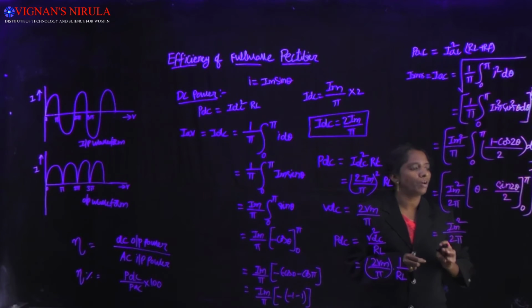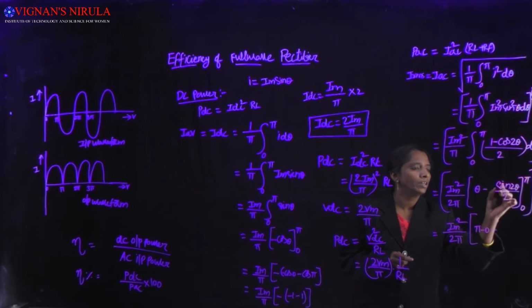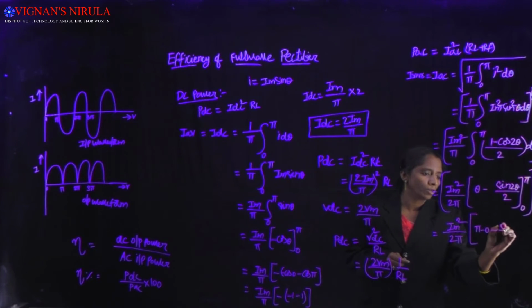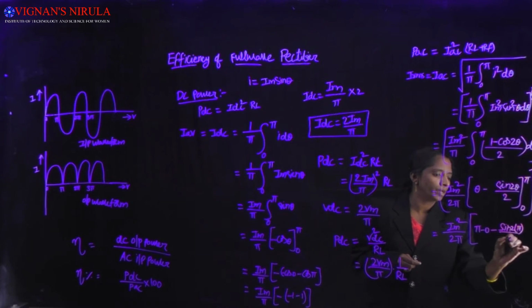Substitute the values of 0 and pi for theta. Now we are getting pi minus 0 minus, 2 theta gets cancelled, and sin 0 is sin 2 of 0 divided by 2 minus sin 2 of 0 divided by 2.